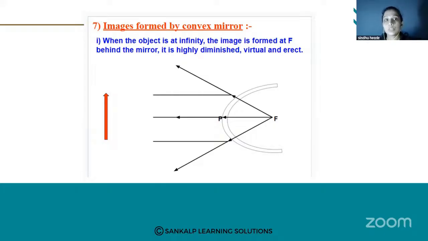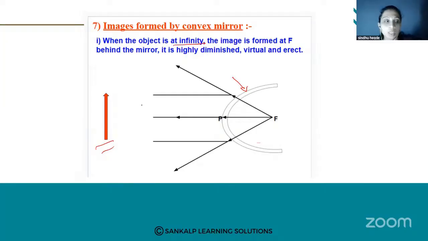See, next one, image formed by convex mirror. Again, here we take the second type of spherical mirror, that is convex mirror. See, this is the image of a convex mirror. Here it bends outwards, right? Firstly, here they placed the object at infinity.